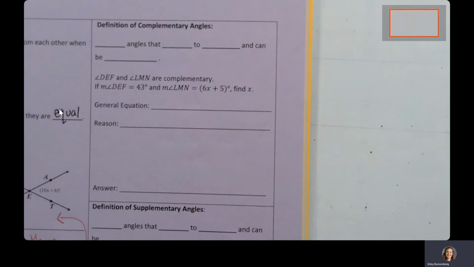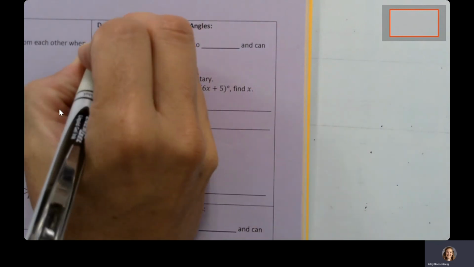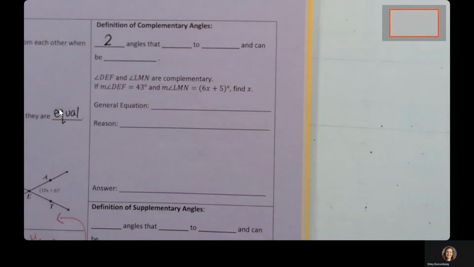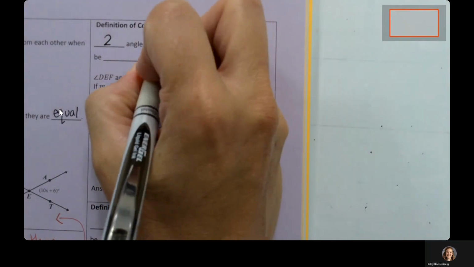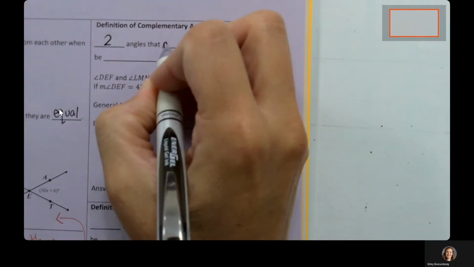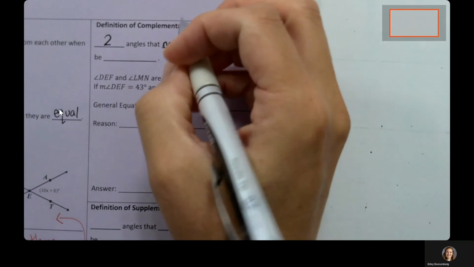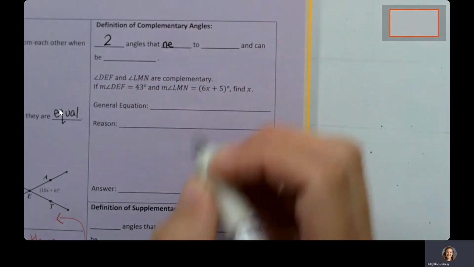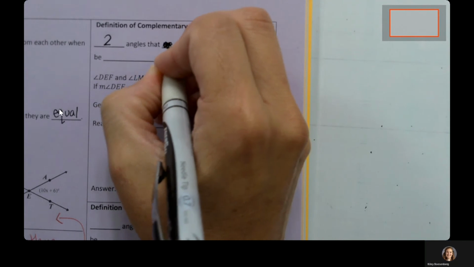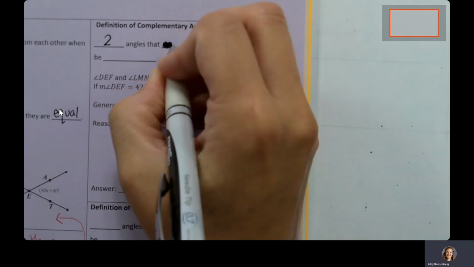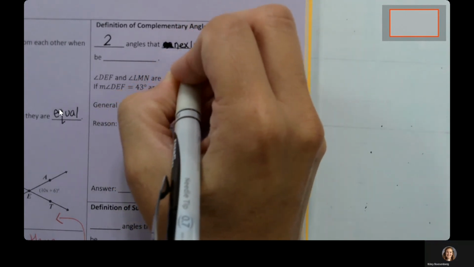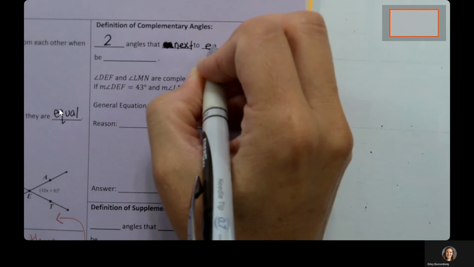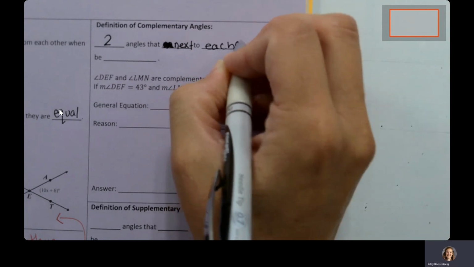So complementary means 2 angles that are 90 degrees. They don't have to be next to each other.